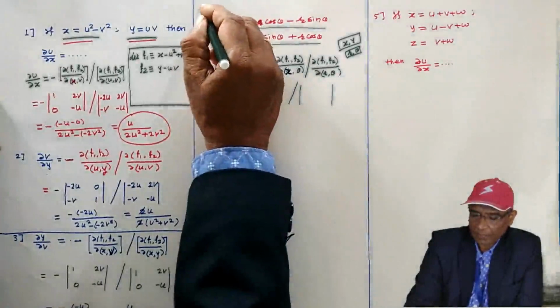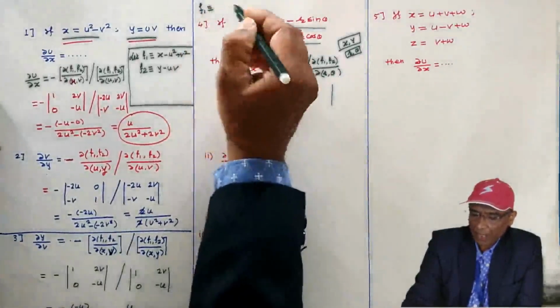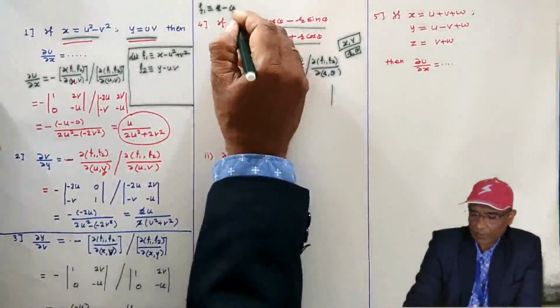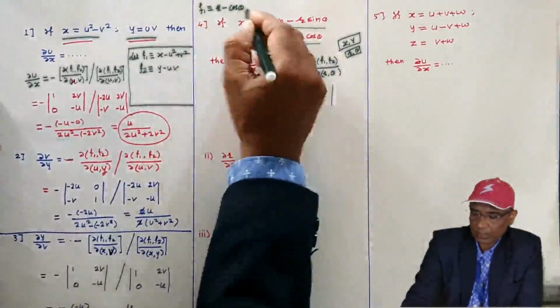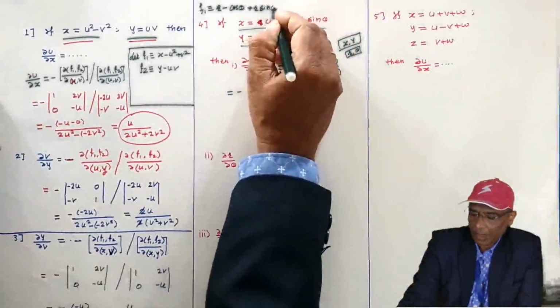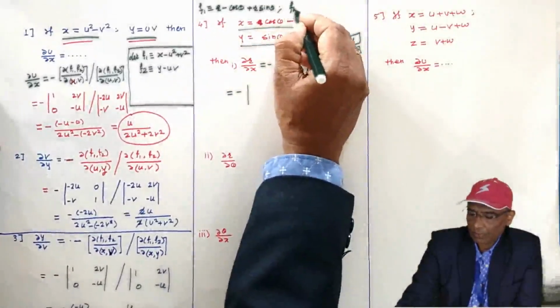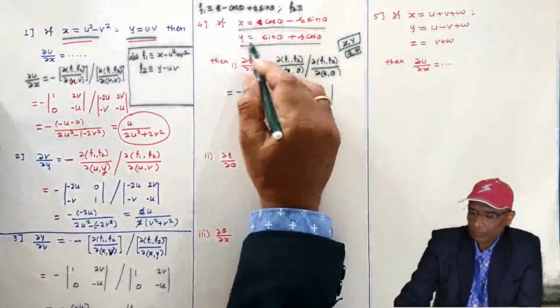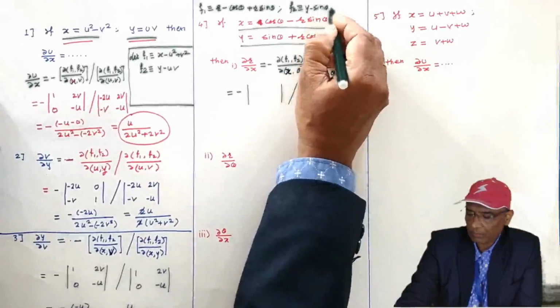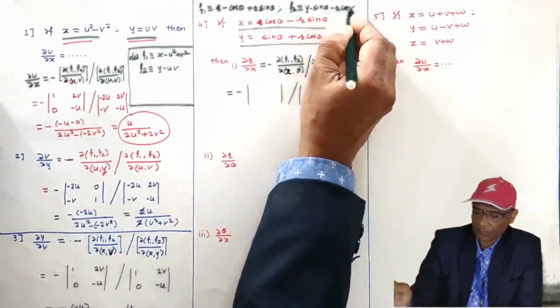Okay, here I am writing. f1 is what? r minus, shift the right hand side to the left hand side, r sin theta. And f2 is what? Shift the right hand side element to the left hand side. Okay.